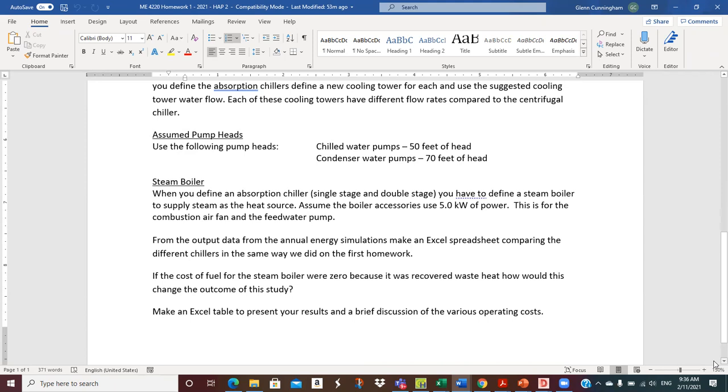So you may want to add a heading or two, but basically something like that spreadsheet where you look at all of the different energies and see what happens to the different energy totals and then the cost of operating the building as we go from these different types of chillers.